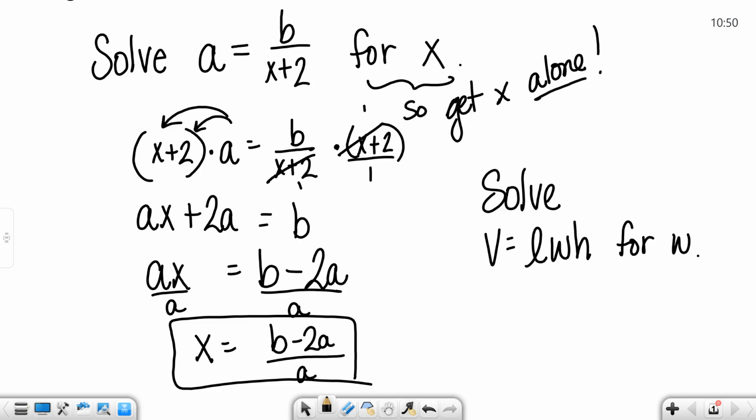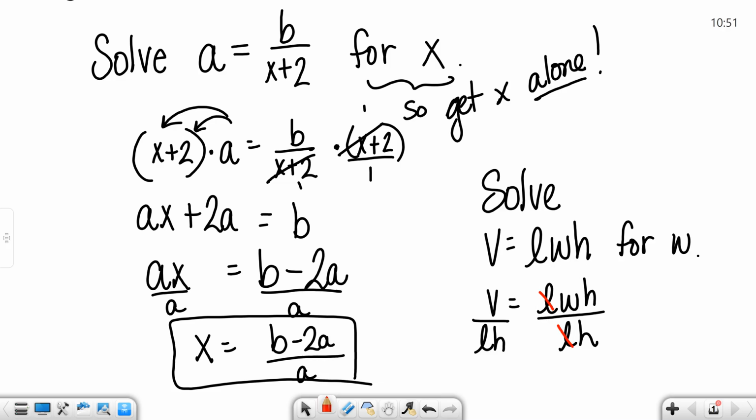V equals LWH for W. Now in this case, that means the volume equals the length times width times height. You don't have to know that. However, we're trying to get W alone. Well, currently, W is being multiplied by L and H. So the only way to move L and H is to divide by them on both sides.